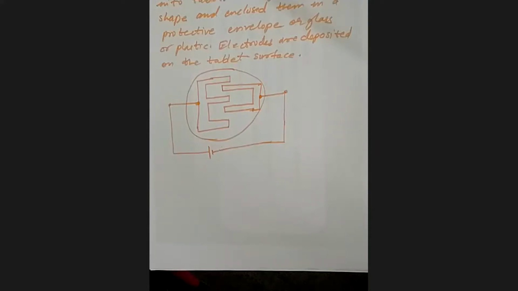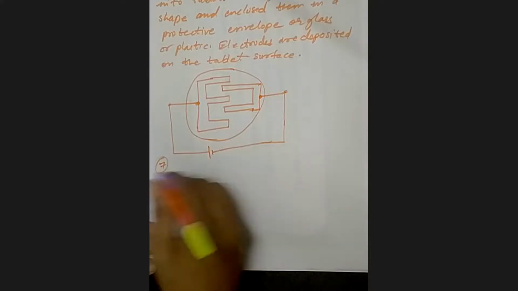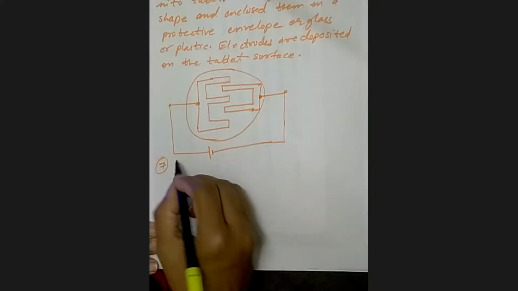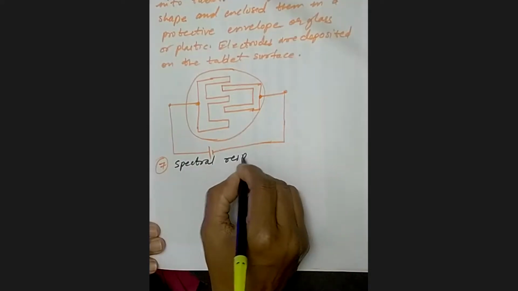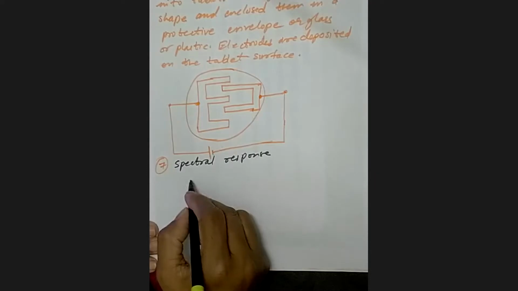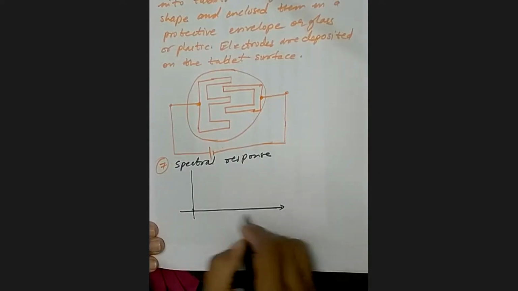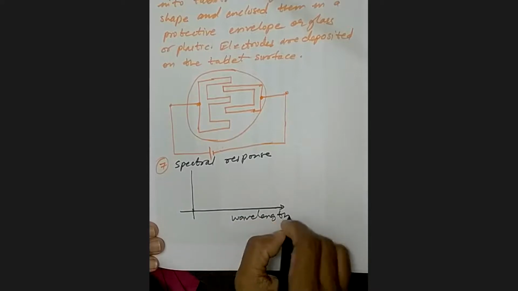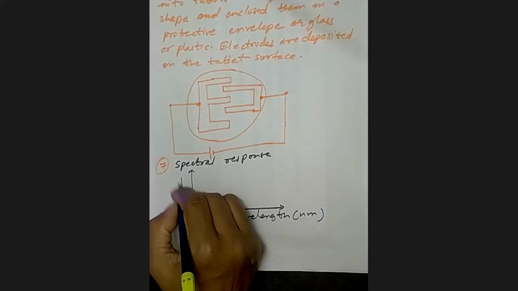The spectral response of cadmium sulfide and cadmium selenide are shown here. This is drawn here. On x-axis, wavelength is taken. This wavelength is in nanometer. On y-axis, the relative response or current is taken.